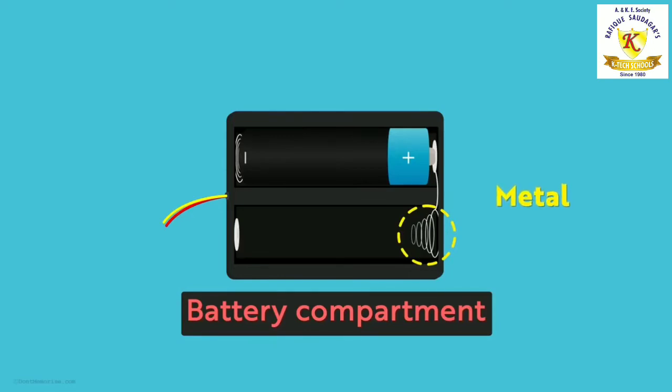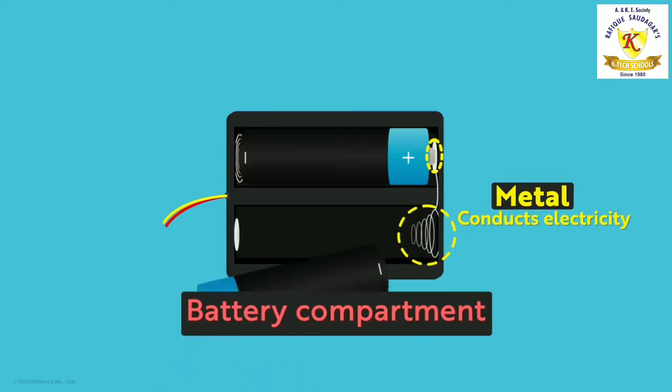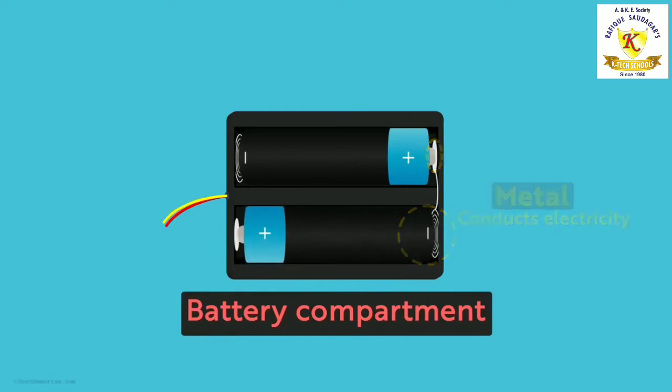It is made up of metal and hence it conducts electricity. On the opposite side, the positive terminal of the cell is also in contact with some metal thing. In the same way, we insert the second cell.